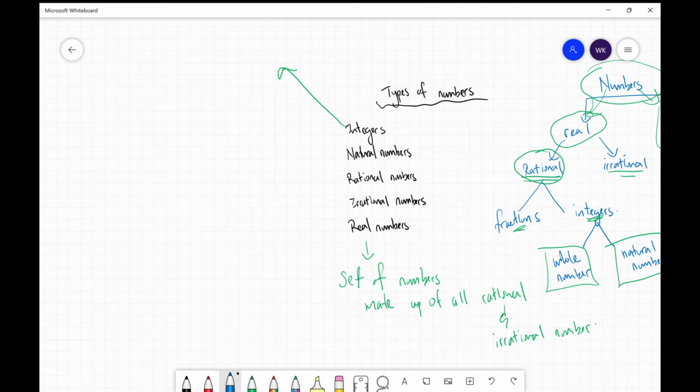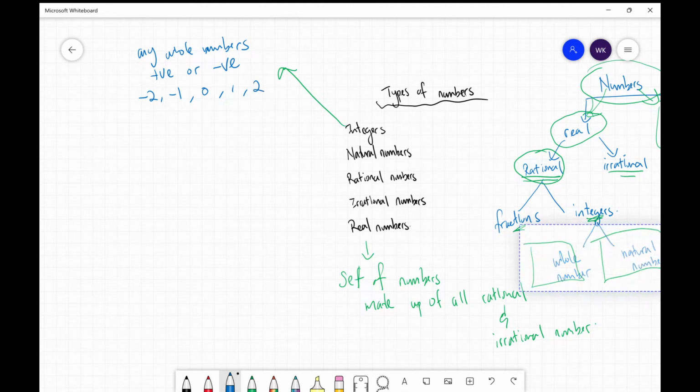So integers, the definition is any whole number, no matter positive or negative. So numbers like -2, -1, 0, 1, 2 are integers.